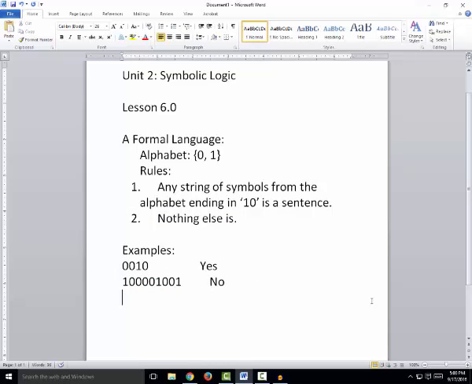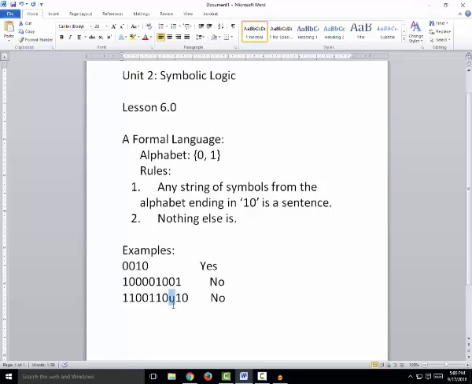A third example, suppose we have 1 1 0 0 1 1 0, the letter U, 1 0. Would this be a sentence of our little formal language here? The answer is no. The rules say it should be a string of symbols from the alphabet ending in 1 0. And this has a U in it.